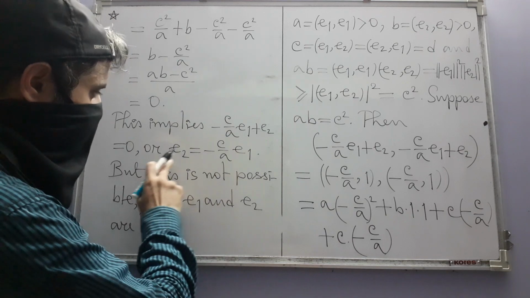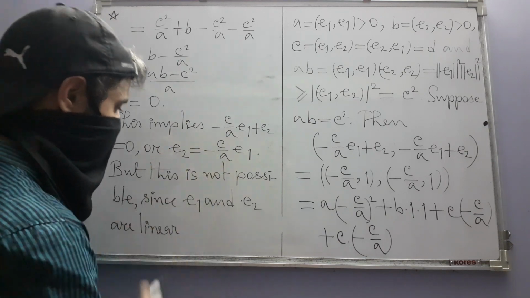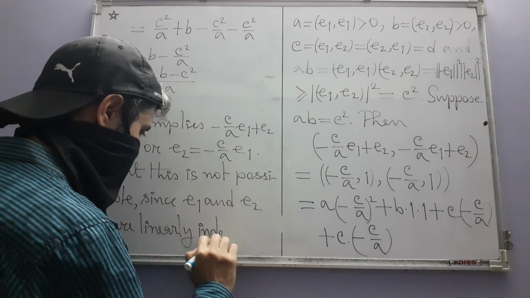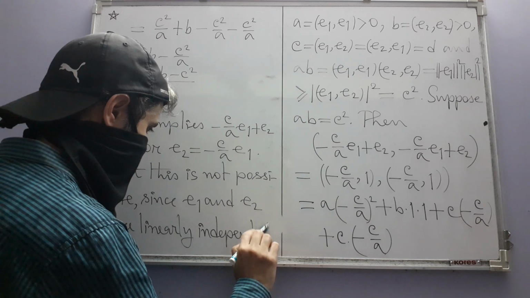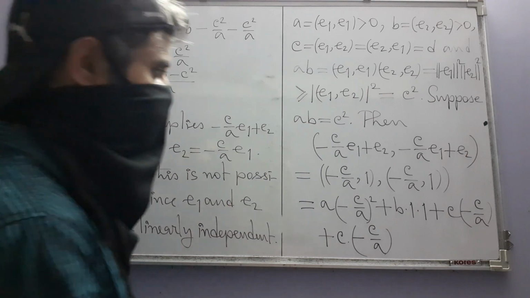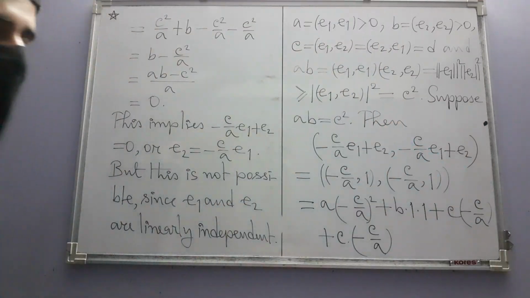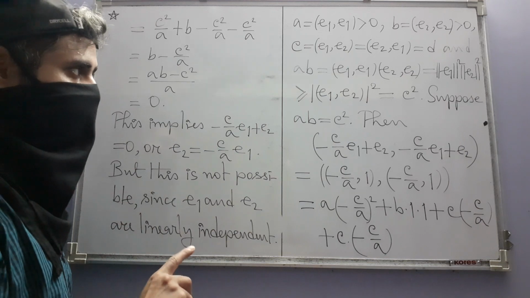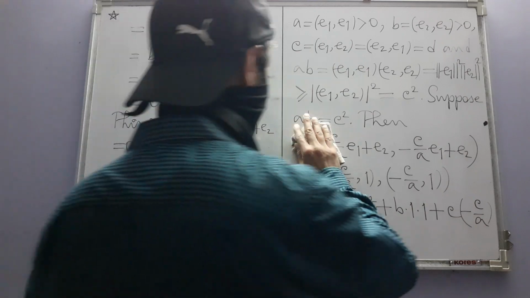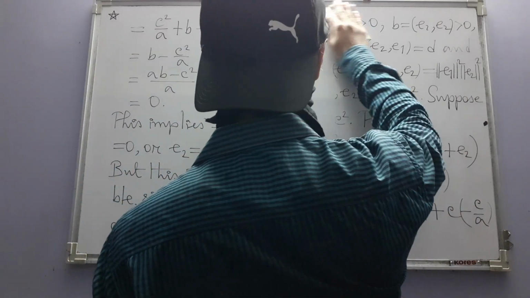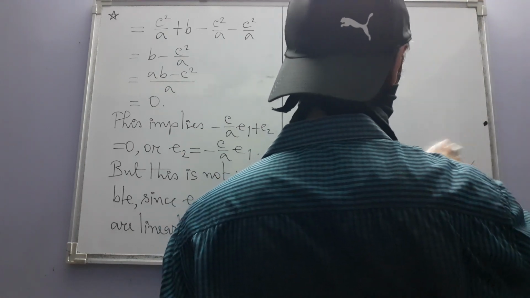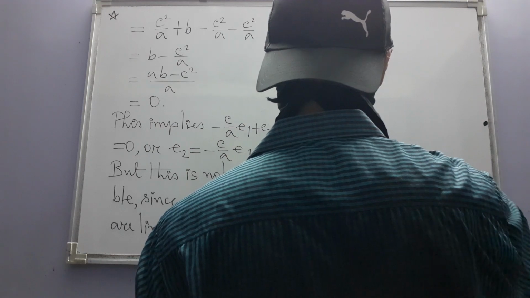So how can they satisfy such a relation? They cannot be scalar multiples of each other. That means our supposition is wrong. So AB cannot be equal to C square. AB has to be strictly greater than C square. So that is an extra condition that we have come to know about the relationship between A, B and C.